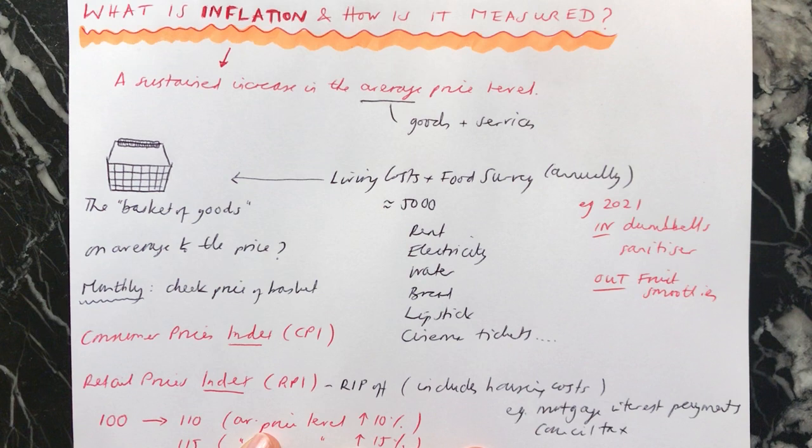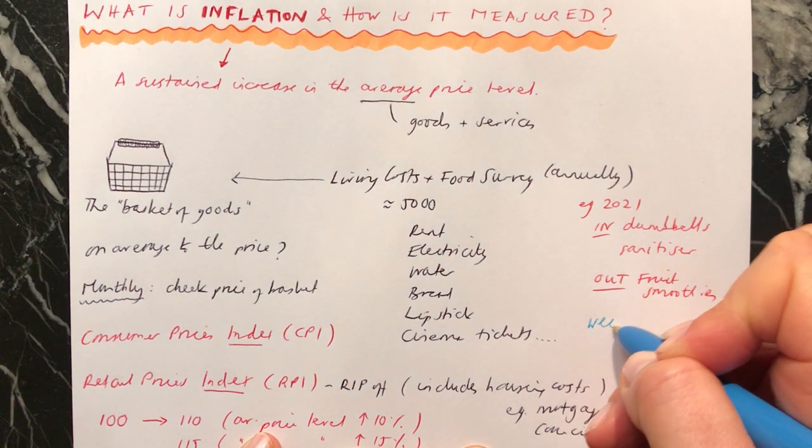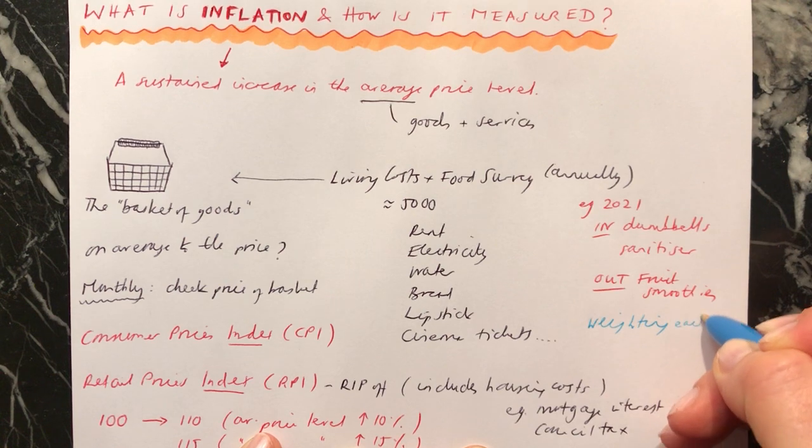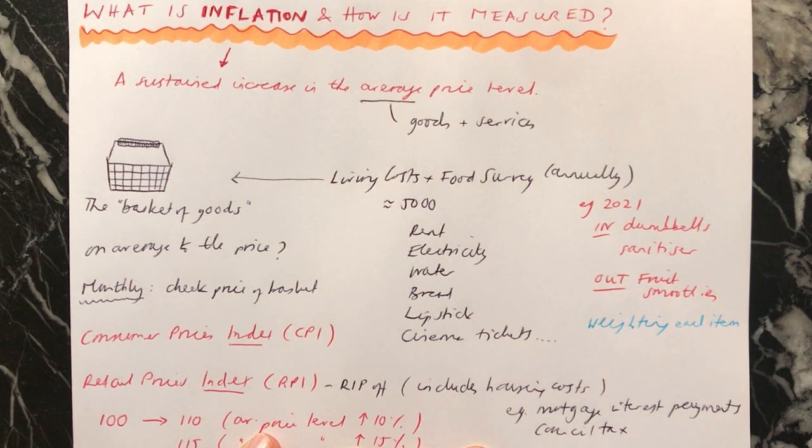And if you look at what's in the basket in, say, 1950, there were extremely different things to what's in there today. And this has to change with the times. And so what they do is they find out what's in the basket. And then the final thing that they have to do is they have to give a weighting to each item that's in the basket.